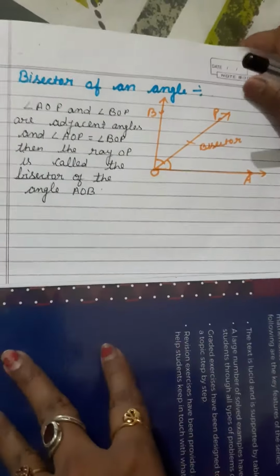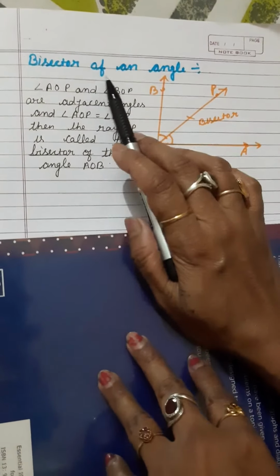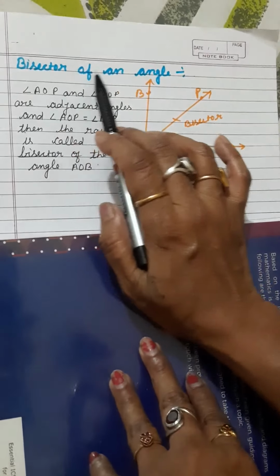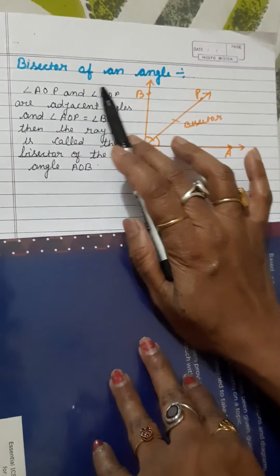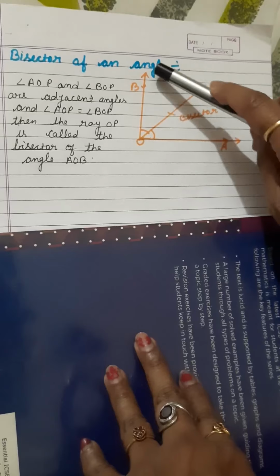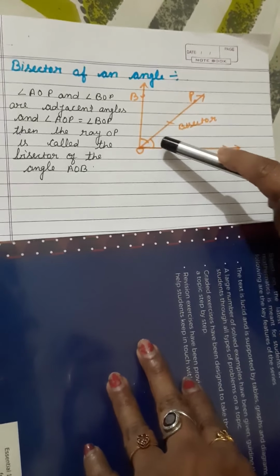Okay students, one more type of angle is there, the bisector of an angle. What is the meaning of bisector? Bisector means the angle is divided by one arm equally into two.